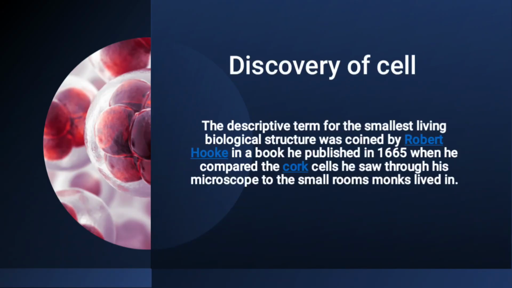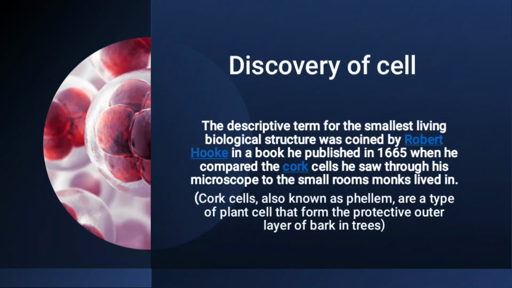So, the discovery of the cell. The descriptive term for the smallest living biological structure was coined by Robert Hooke in a book he published in 1665. He compared the cork cells he saw through his microscope to the small rooms monks lived in.